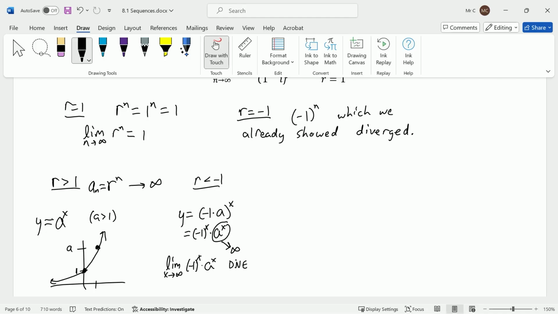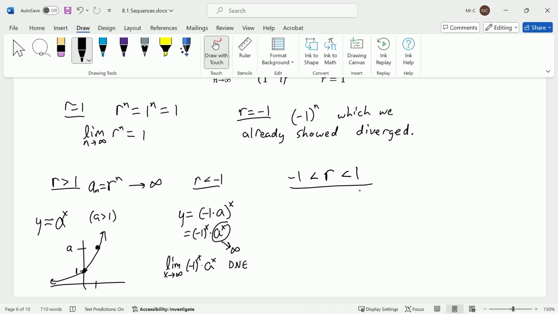But now we've got our final case to consider. So we've got that it diverges when r is greater than 1, less than -1, and at -1. Okay, what about when r is between -1 and 1? Well, in this case, we can think of r like a fraction.